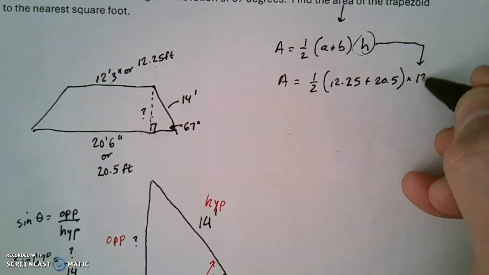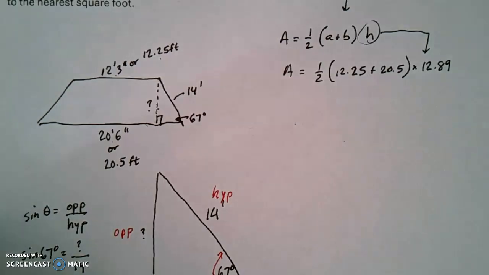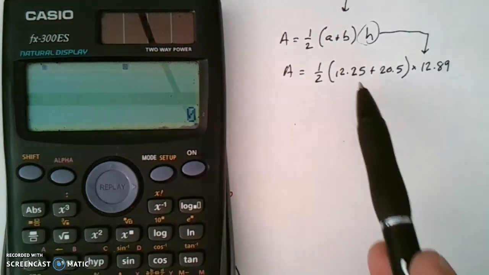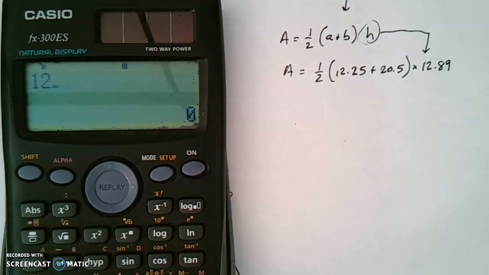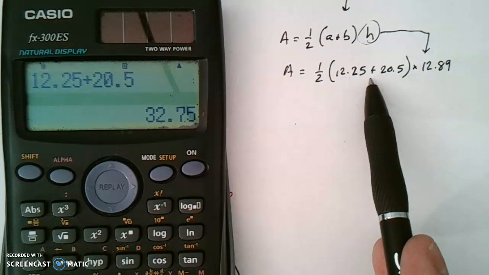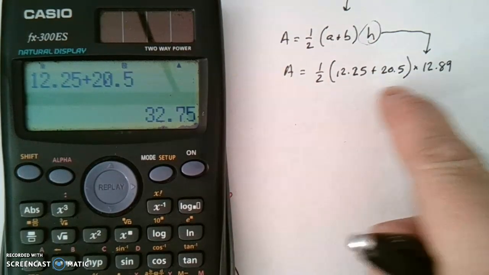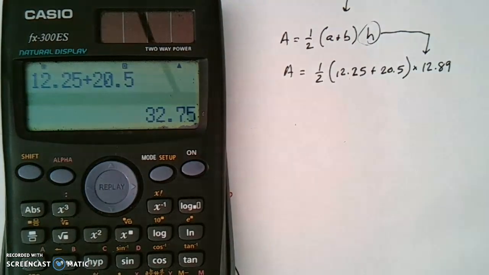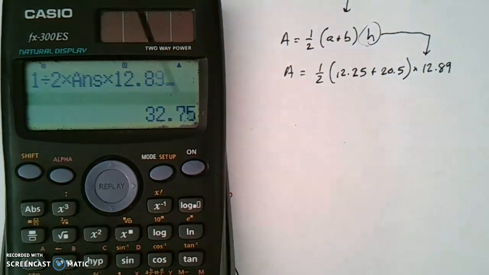So I take that information and I come back to my original problem, and the height is 12.89. So now what? Now I'm going to follow my order of operations. I am going to add these two, and then I'm going to multiply. So I say 12.25 plus 20.5, which is 32.75. So 1/2 times 32.75 times 12.89.